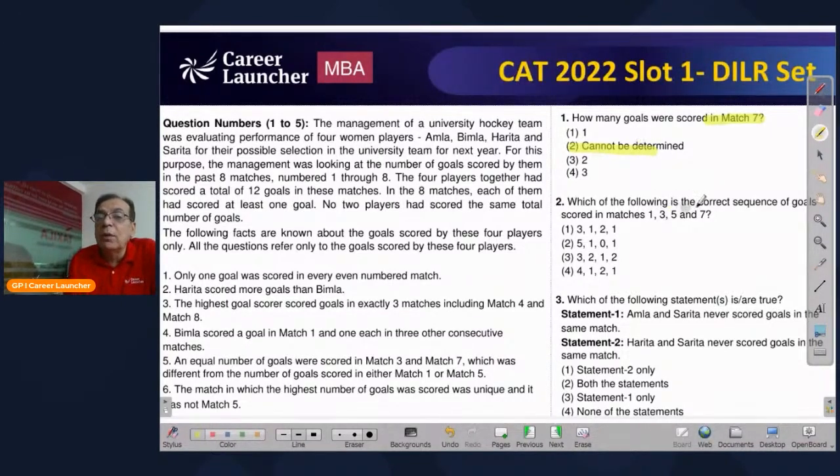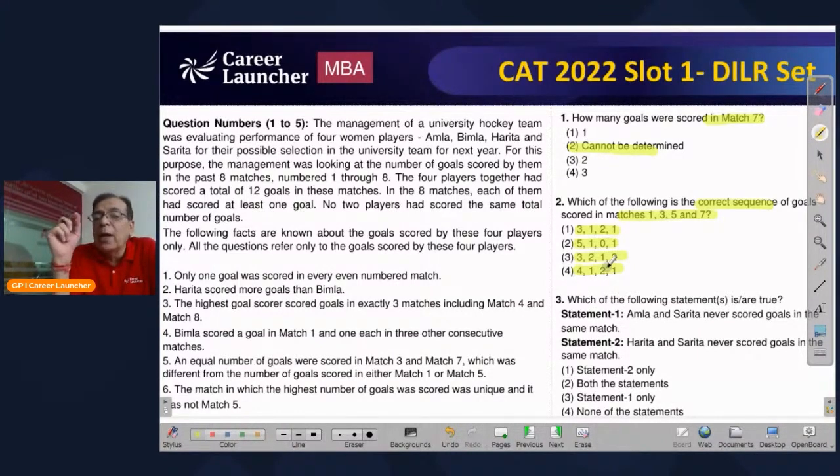Question 2. Which of the following is the correct sequence of the goals scored in matches 1, 3, 5, 7? Now, all 4 statements are giving me the number of goals in matches 1, 3, 5, 7. Supposing I am able to find out that in match 1 there were 5 goals, there's only one choice. Supposing I find out that in match 2 only 2 goals were scored, only one choice. Or match 3, only 0 goals were scored, or 1 or 2.